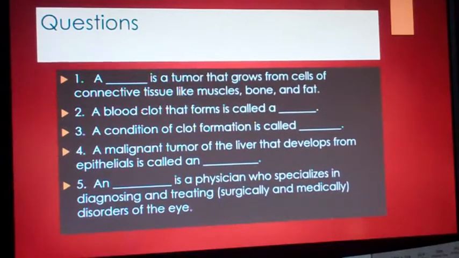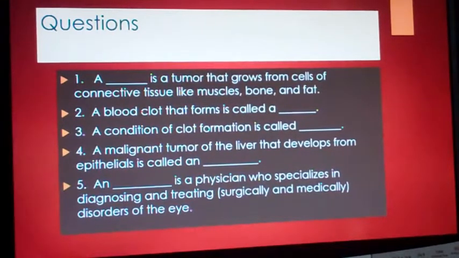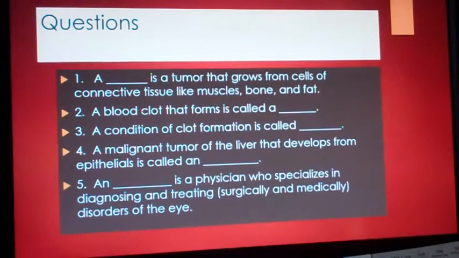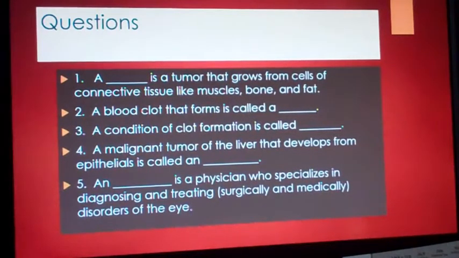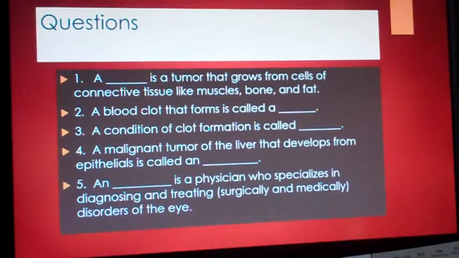Number 3, a condition of clot formation is called blank. Number 4, malignant tumor of the liver that develops from epithelium is called a blank. Number 5, a blank is a physician who specializes in diagnosing and treating, surgically and medically, disorders of the eye.